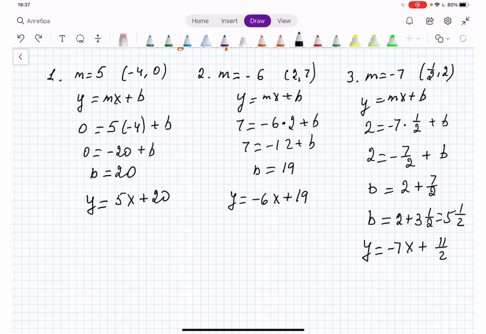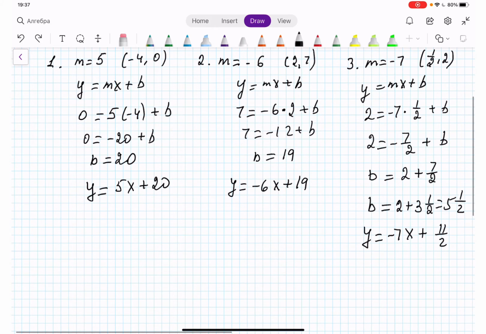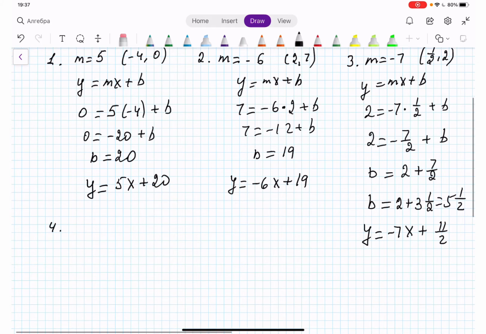Question number 4. Our goal is to find slope and intercept. Slope is given, and intercept we find with the help of these points. Number 4. Okay, m is equal to 1/6 and passes through the point (6, 8).